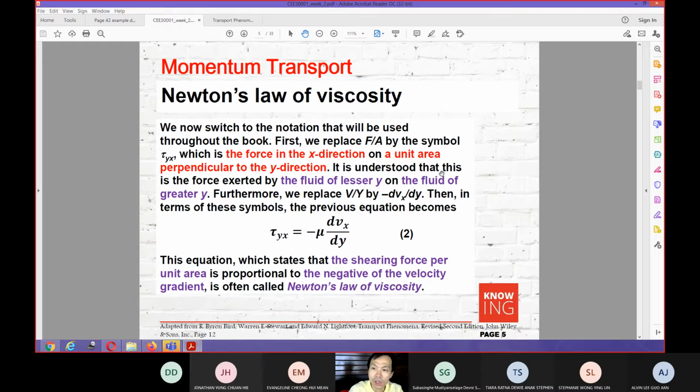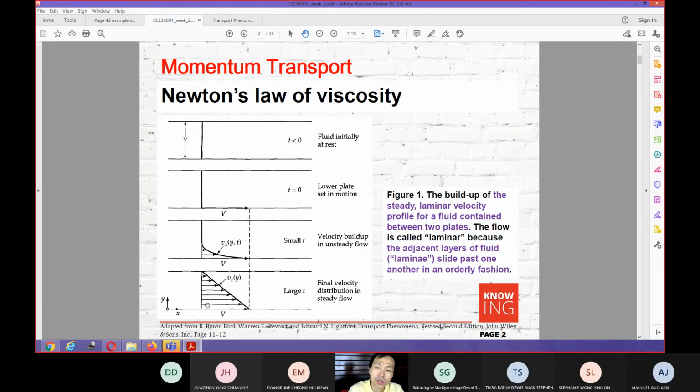Okay, so it is understood that this is the force exerted by the fluid of lesser y on the fluid of greater y. So you see that the fluid of the lesser y has a higher velocity compared to the fluid of greater y. Okay, if I show it in here, then for this particular position, for example, this is what we call lesser y.